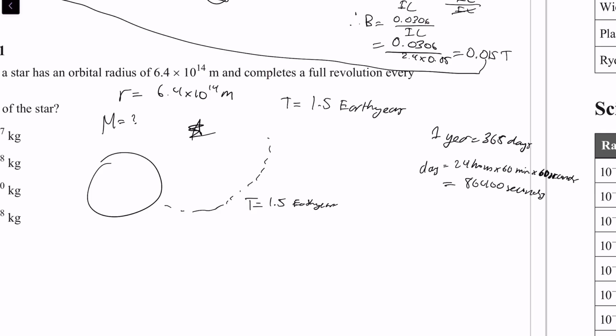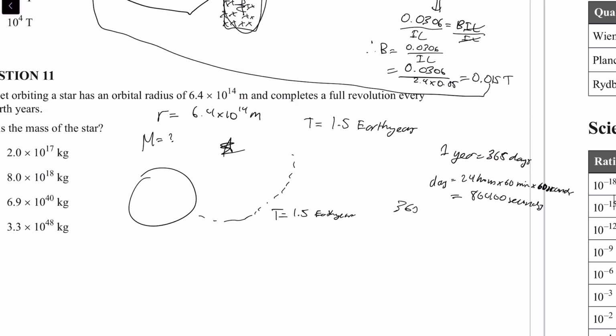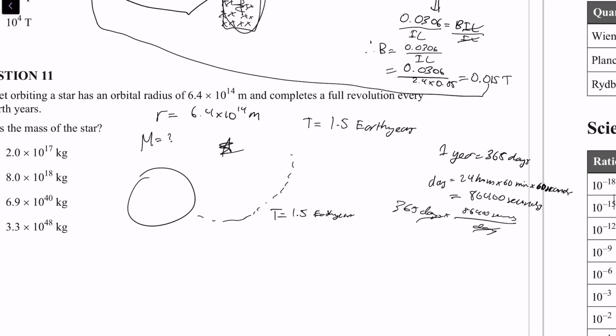So 1 year is 365 days times 86,400 seconds per day. Cancel out days. I've got 86,400 times 365. It's going to be 31,536,000 seconds over Earth year.